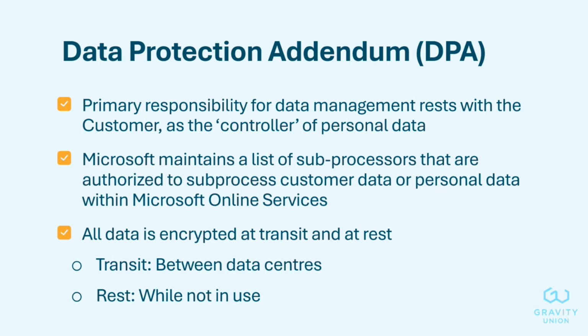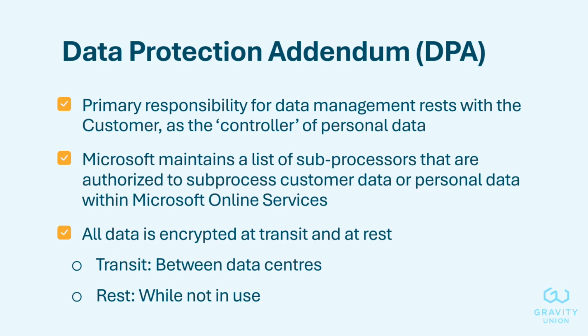So as a controller of personal data, as understood in this agreement, you do have the responsibility to review the subprocessor list and make sure that it respects your individual organization's data sovereignty requirements.